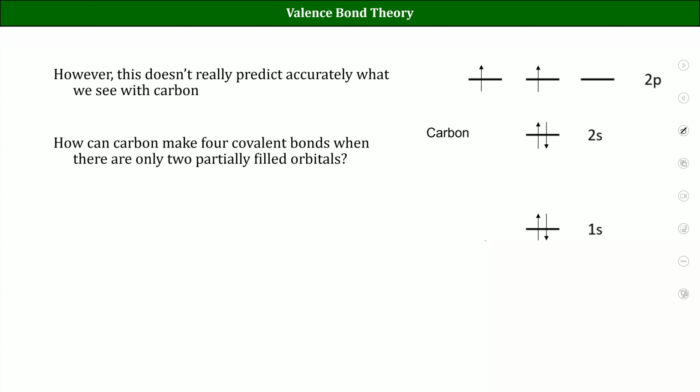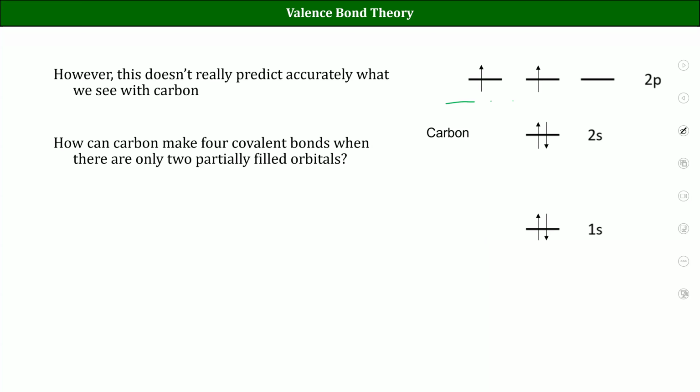So what Linus Pauling won his first Nobel Prize for was basically saying, okay, what if we take that same approach of mixing together orbitals and apply it to the atomic orbitals? If we took the 2s and mixed it together with the 2p orbitals, then we could get 4 orbitals that were the same energy.